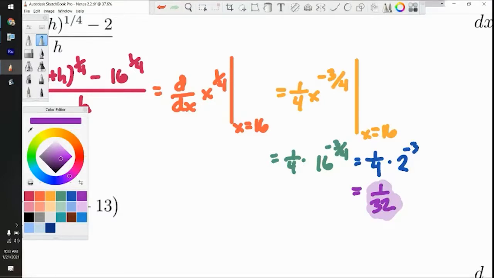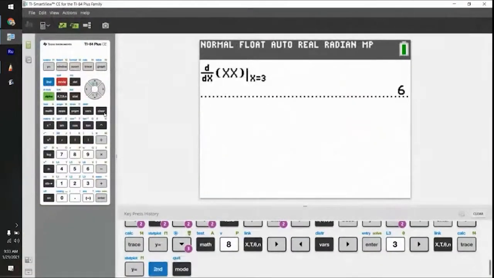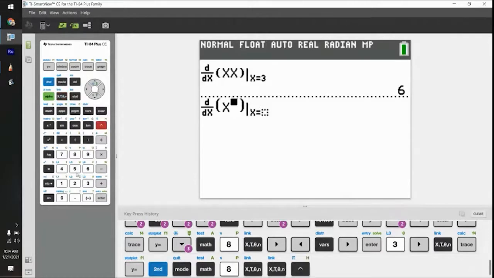Now, just to practice doing this on your calculator, take out your calculator. We're going to do that math 8 thing like we did last time. So we're going to hit math 8 with respect to x, and we're going to go x to the 1/4 power.